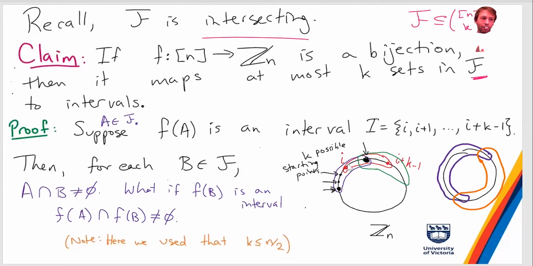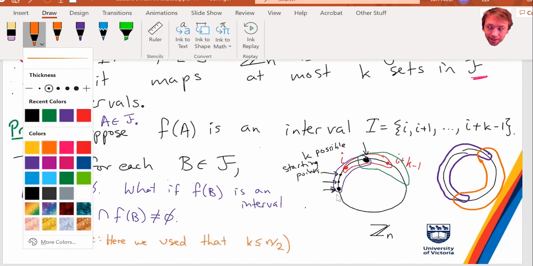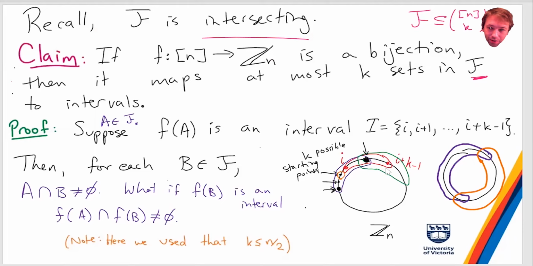That doesn't mean it's in all the sets in F though, because there could be another set in F containing, say, this point, because all I'm analyzing here is the sets that are intervals. So it could contain these points, that point, and that point, right? That could be a set in F, and it might not contain the point in the middle. But you see this orange thing, if you can see it anymore, it intersects all the other sets. Yeah, the counterclockwise-ist set is what I want to start with, and then I want to go along.